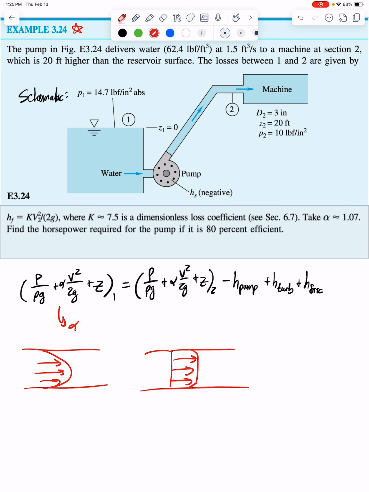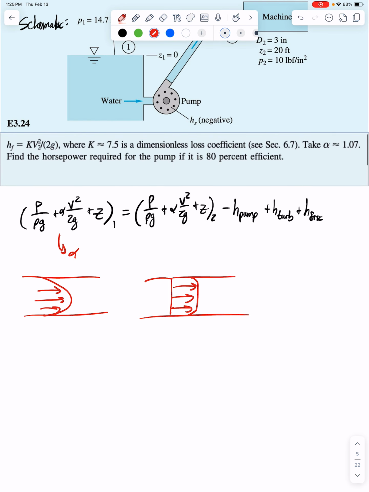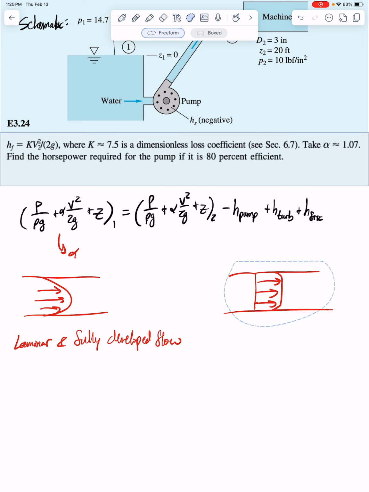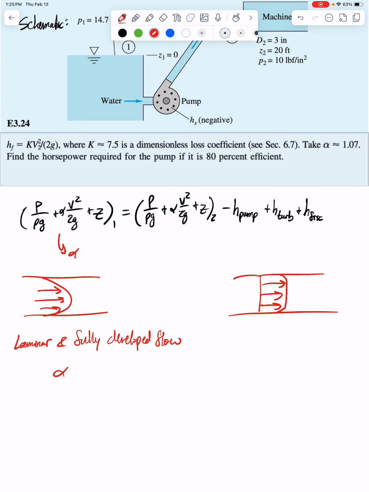One thing to note that I mistakenly told the other classes: when we look at laminar and fully developed flow, which is the left image you see there, alpha approaches 2.0. So alpha goes to 2.0 when you have laminar and fully developed flow.